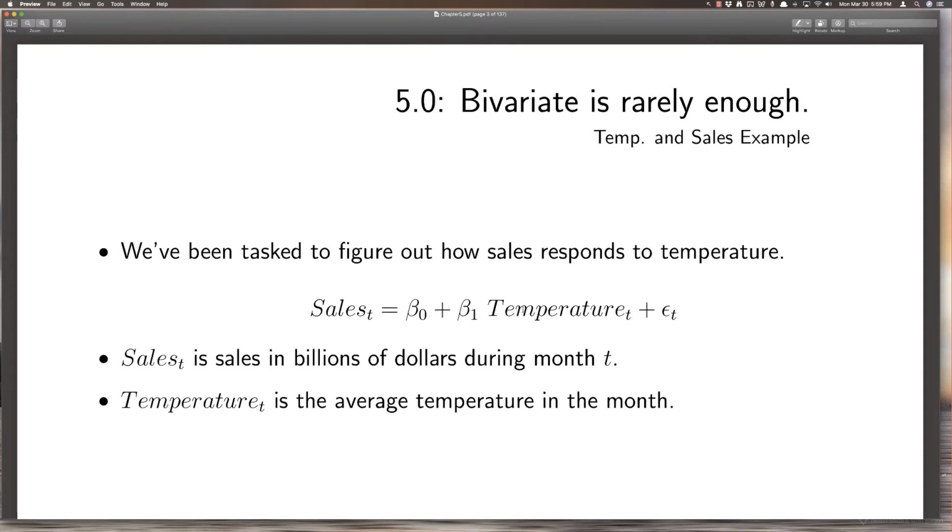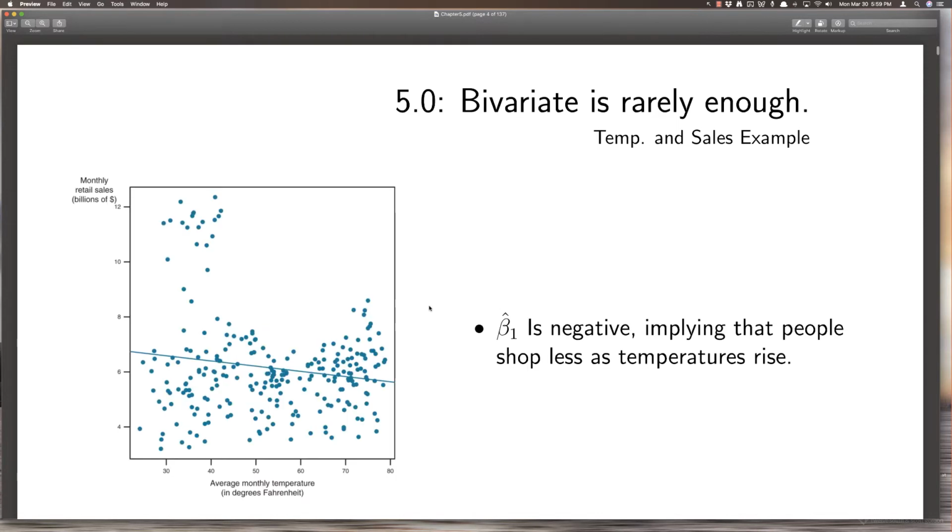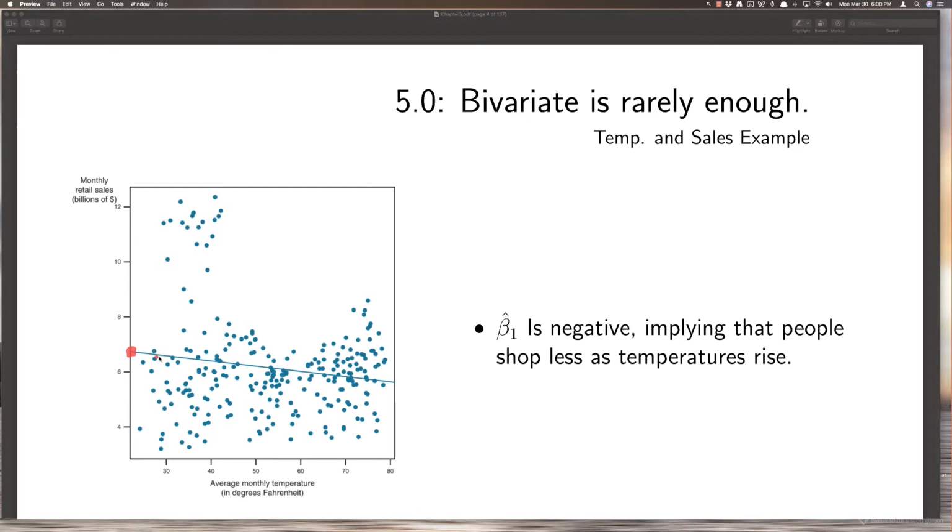So it's still just a bivariate regression. Here is a scatter plot that looks at that. We see the best fit line here, we see our intercept, and we see the slope. It's a slightly negative slope going through the scatter plot. And we notice something here. We see these observations that are out of the way of the rest of them.